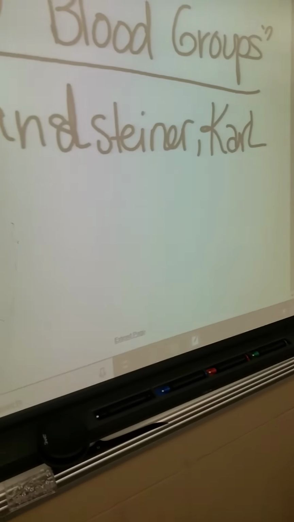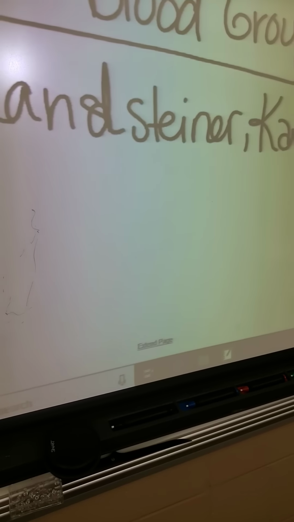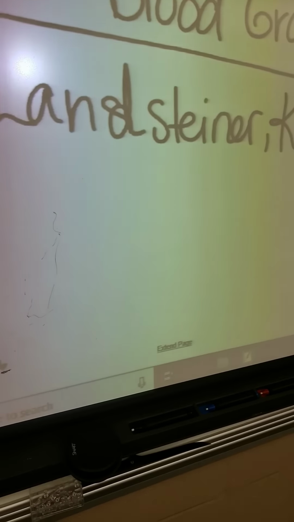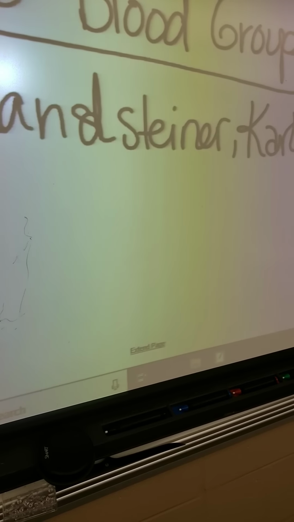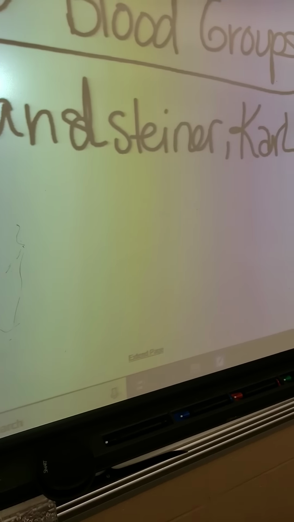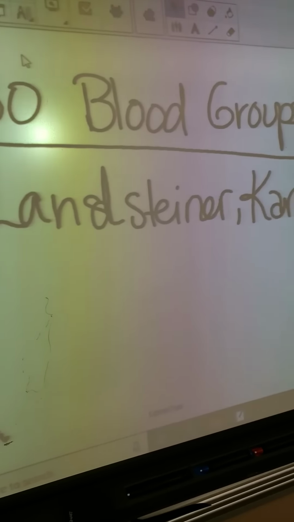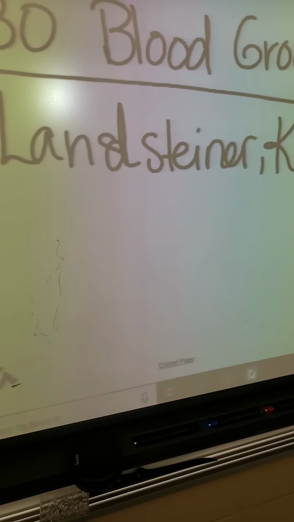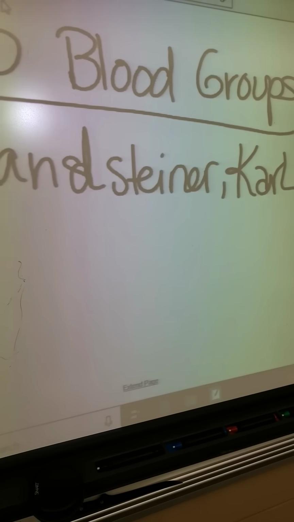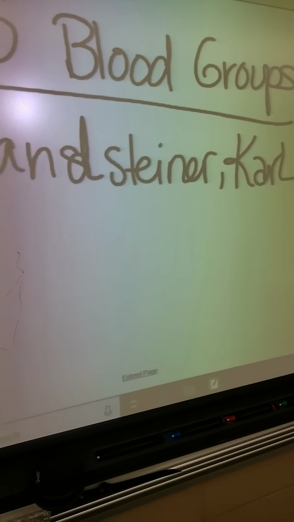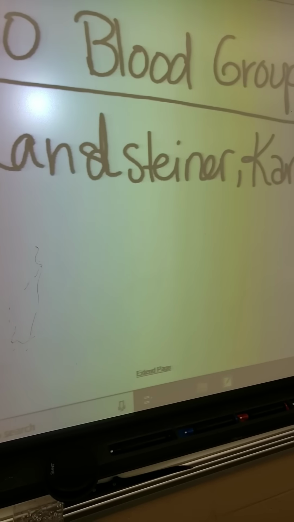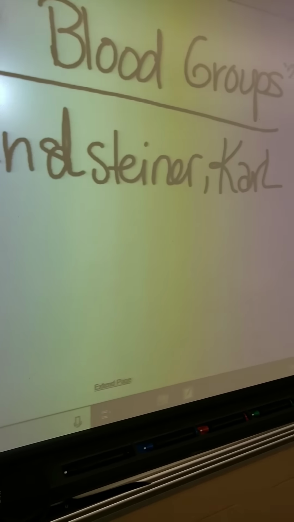Karl Landsteiner studied why some blood transfusions save lives and why some prove to be more deadly. So at the University of Vienna, Karl Landsteiner is the one who came up with the different types of blood groups. Based on the presence or absence of certain factors, humans are divided into 4 different groups.